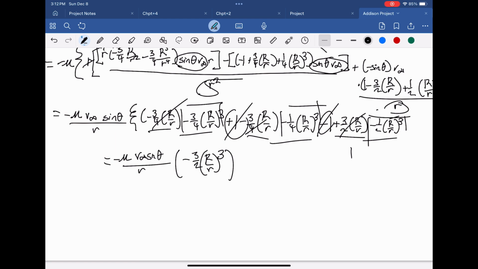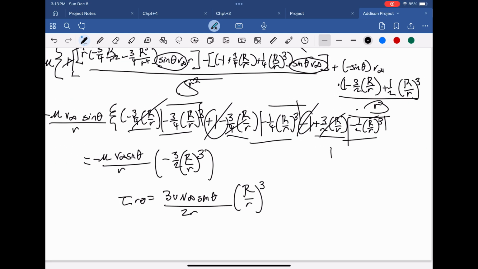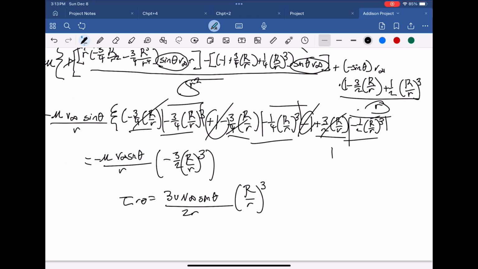Now we're going to do something. We're going to take out a 1 over r, and we're going to be plugging the 1 over r back into the equation, which is going to raise the power of both the r on the top and the r on the bottom. First, we can simplify by taking out the 3 over 2.